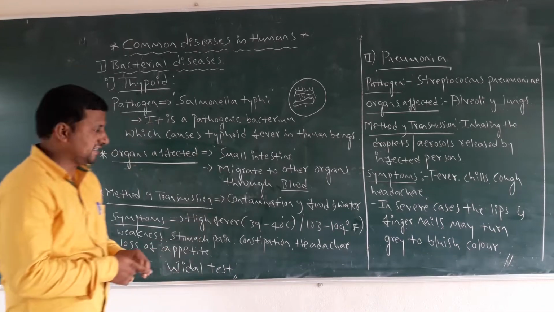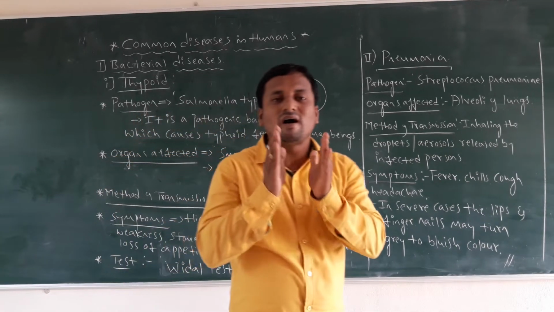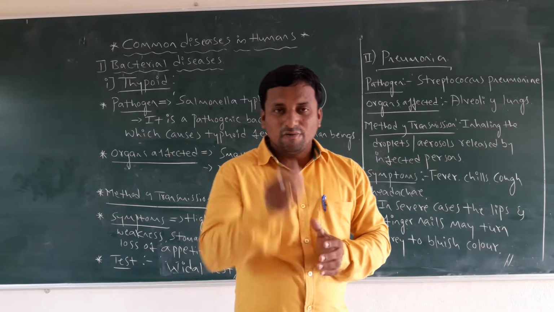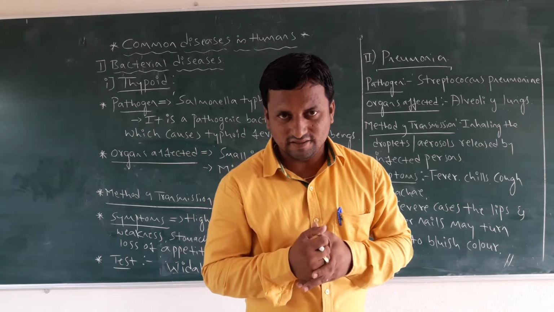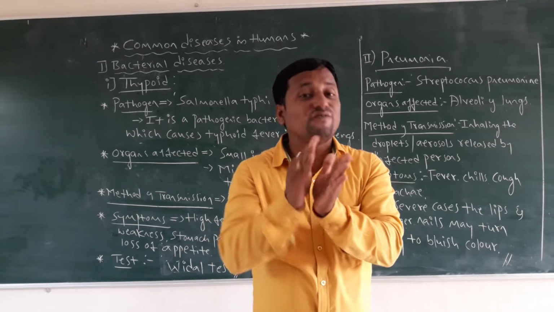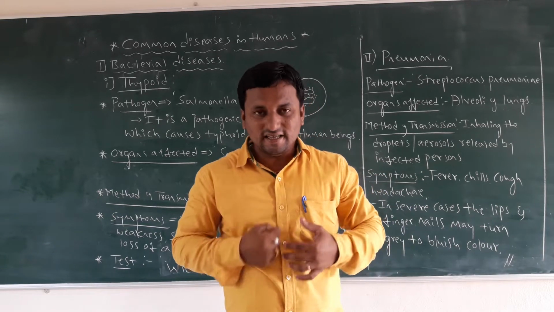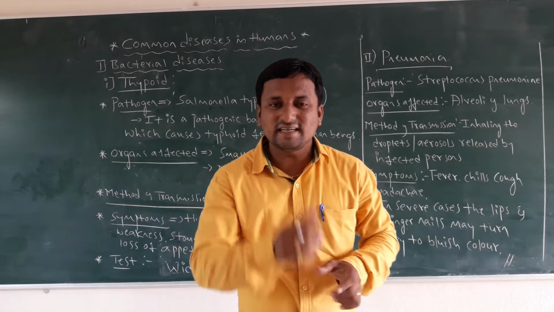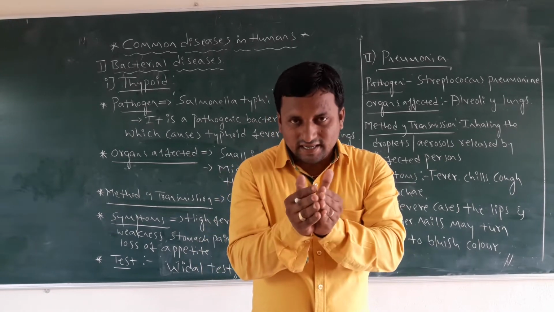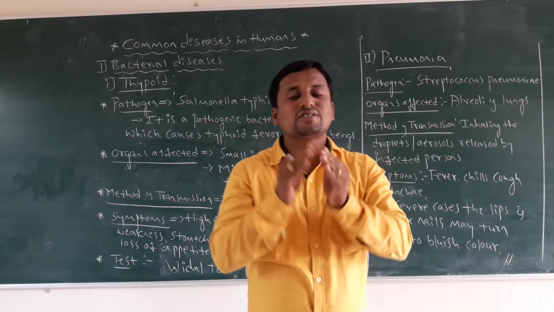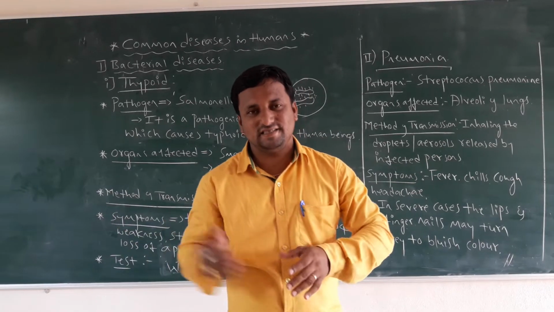And the organs affected: which organs will be affected? When this bacterium enters our body through the contamination of food and water, it goes directly into the main part, the small intestine. In the small intestine it starts to multiply.